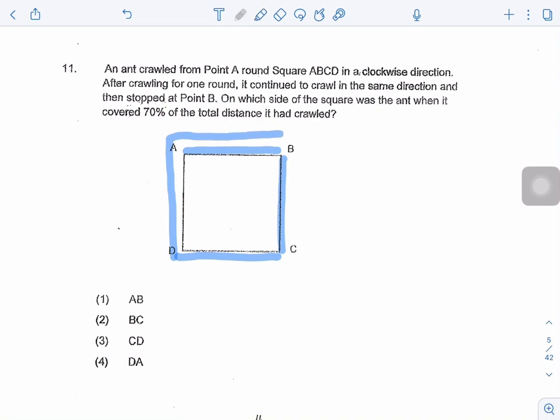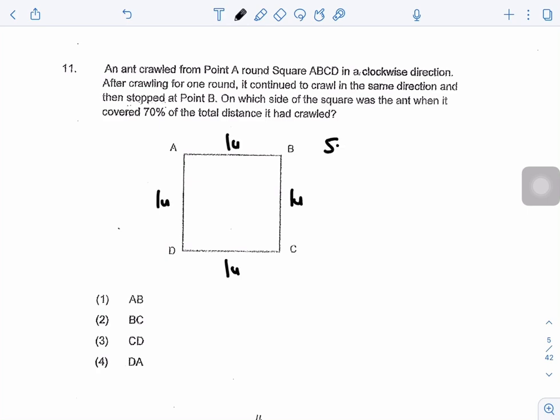It crawled how many sides of the square? 5 sides. 1, 2, 3, 4, 5 sides. Assuming that one side is 1 unit, the ant would have crawled 5 units in total.